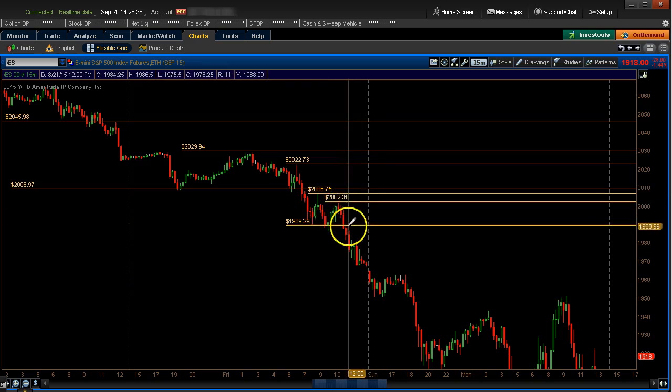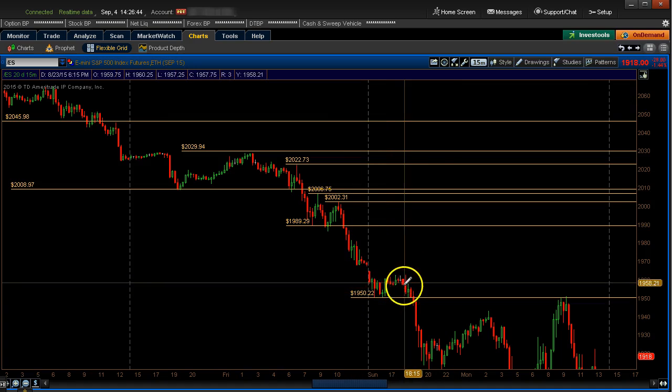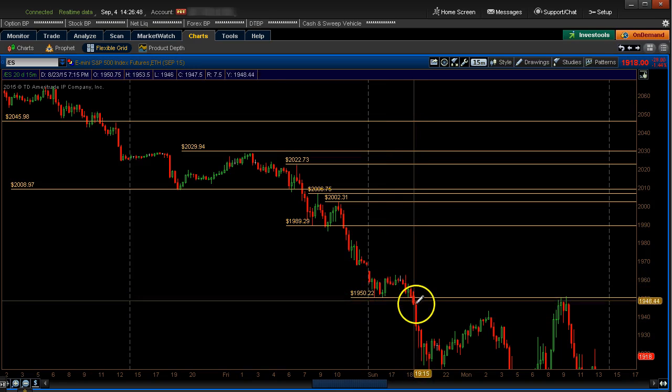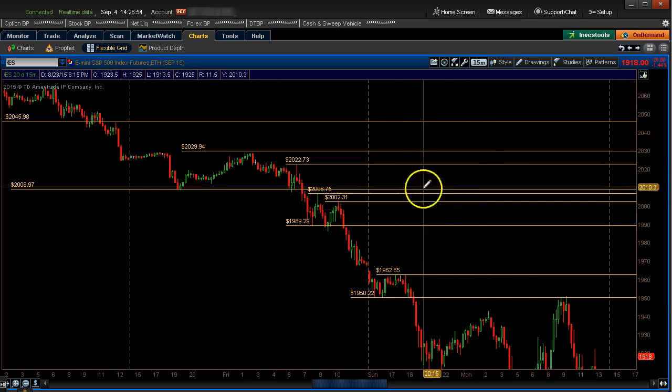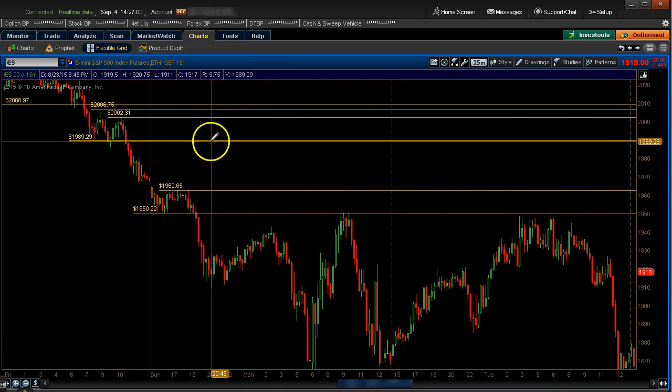So price falls, we keep falling, we make a low, we try a rally, and then price falls. The second price falls back here, we come over here and mark off that swing high, and then we just keep drawing it.